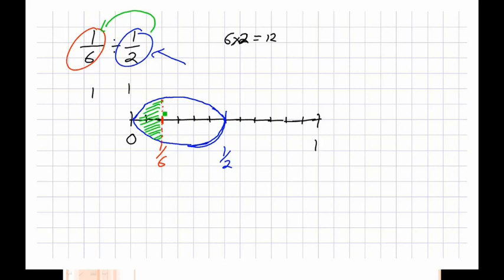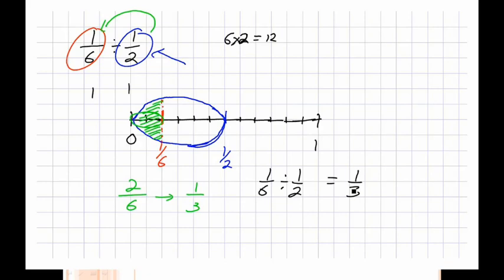But there are only 2 of those 6 pieces that are shaded. So 2/6, and I could actually reduce that. 2/6 is 1/3. 2/6 of that oval is what's shaded. So that must mean the quotient of 1/6 and 1/2 should equal 1/3.